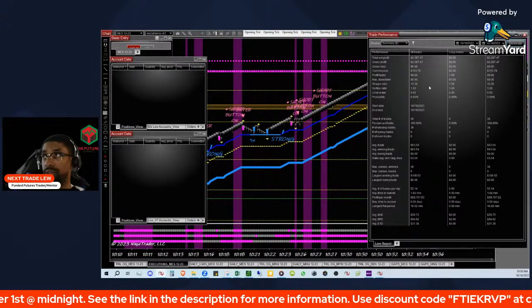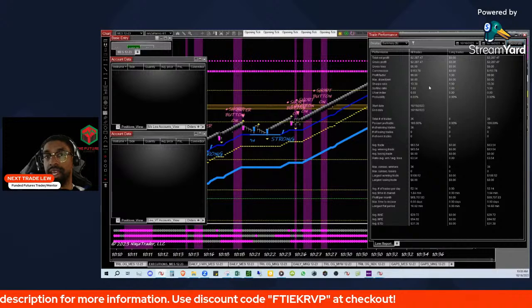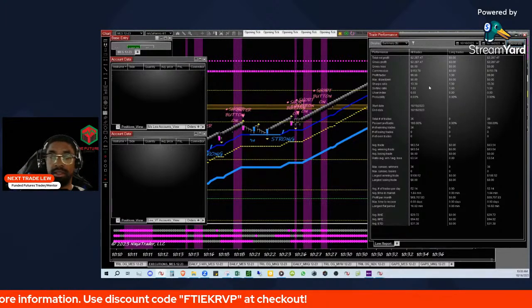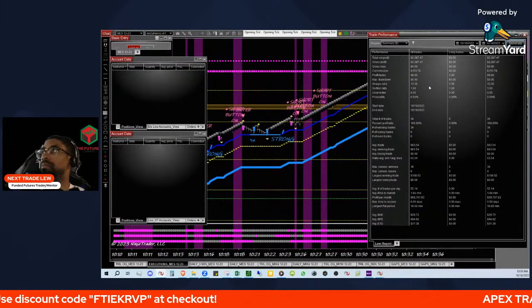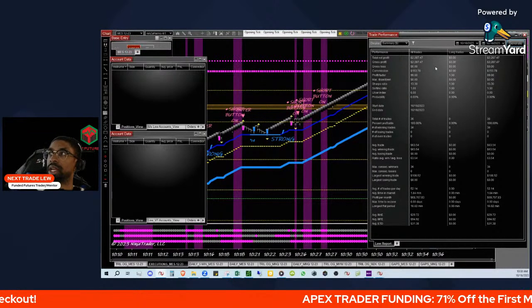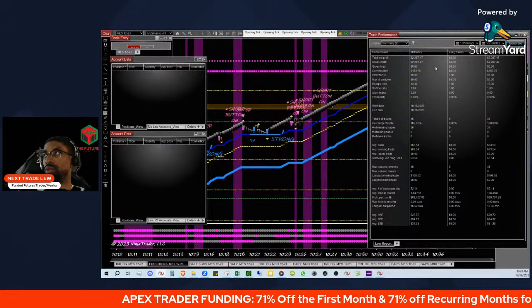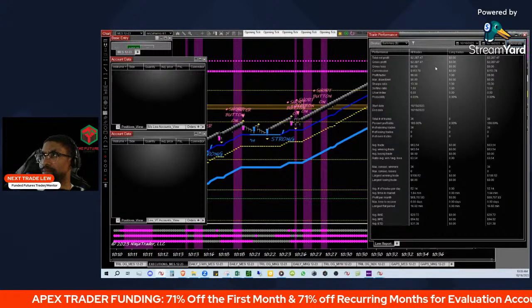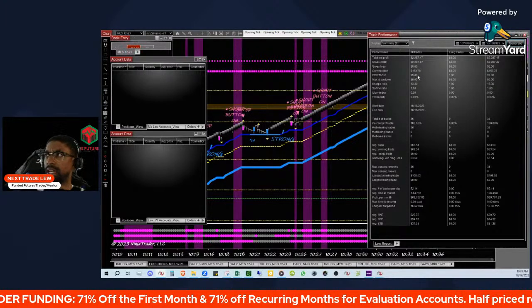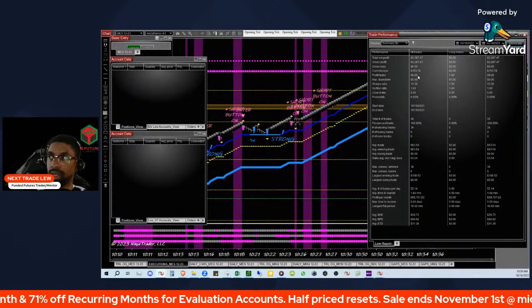I was short from around the high of the day, which was on gap closure time. Today we took a total of 36 trades. Our average trade was $63.54. Really low commission day today. Not too many trades. A lot of trades played out to their full potential with the trails locking in.